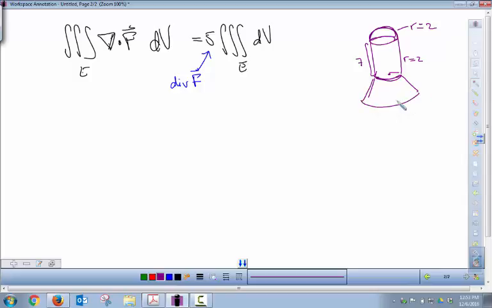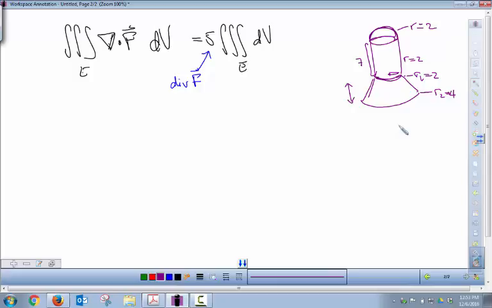And then we have a part of a cone with a radius 2 and a radius of 4, was it? And then the height of this is, do you remember?